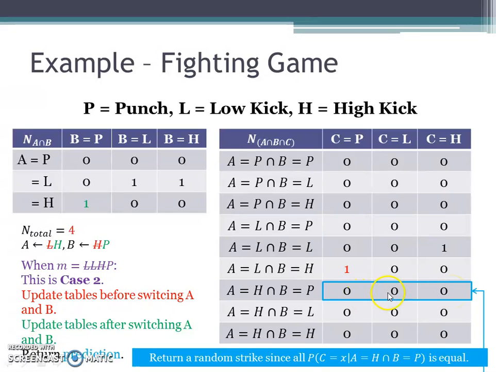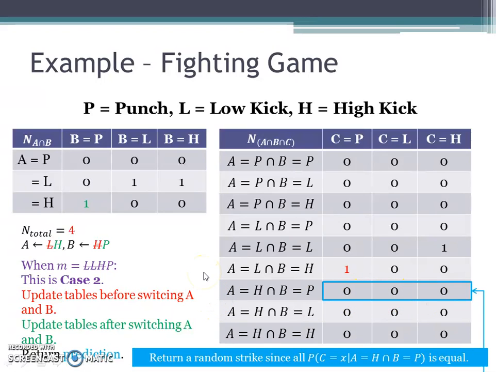So in this case we notice that there are no values for any strikes. Therefore again we return a random strike, and whatever strike we return does not depend on the prediction here because we don't have values. We don't have a maximum here.